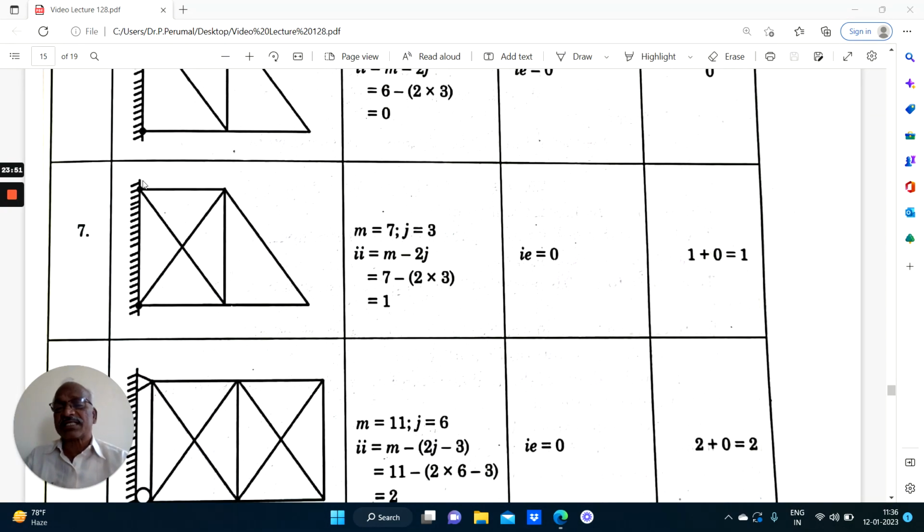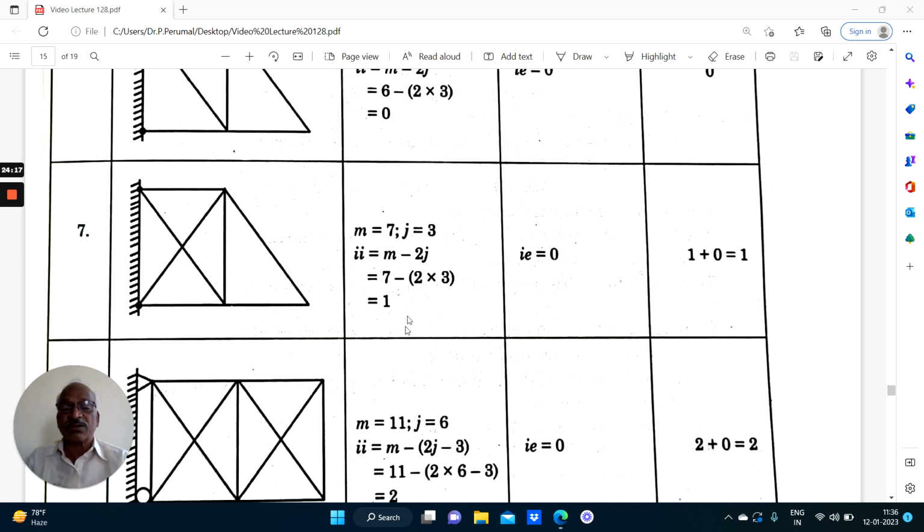Right. Again it starts from a rigid base. Therefore, 3 joints, 1, 2, 3 only. Coming to members: 1, 2, 2 diagonal members, 3, 4, 5, 6, 7. There are 7 members. Coming to joints, 1, 2 and 3 pin joints only. It starts from a rigid base.